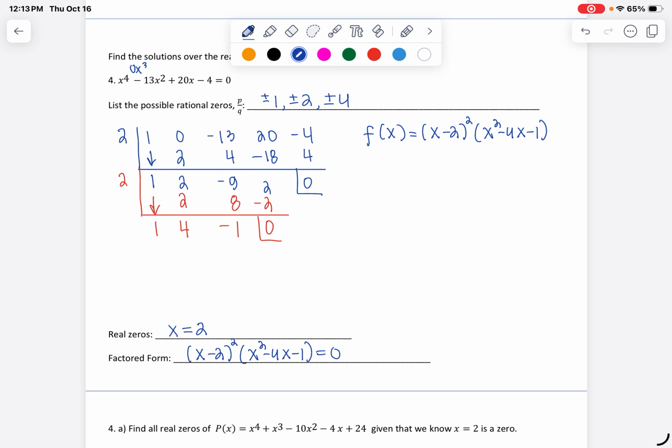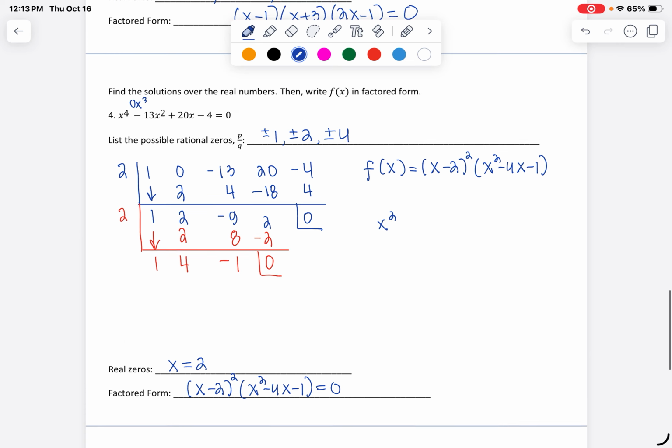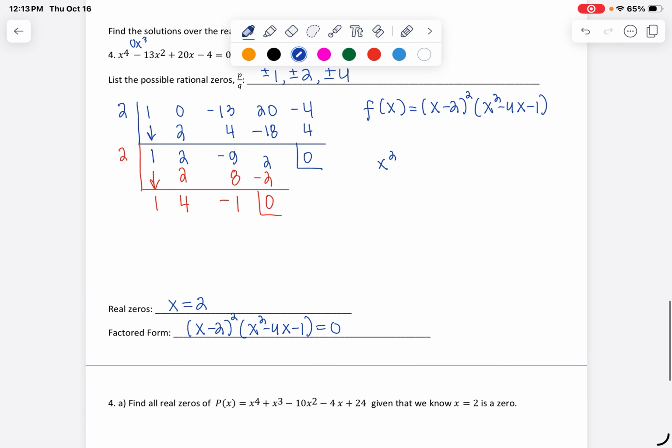And I'm going to find my other 2 zeros by completing the square because I don't know right now if they are real or imaginary. So x squared, it says find the solutions over the real numbers. Okay. Minus 4x, add 1 to both sides, so equals 1. Half of b is negative 2, squared is 4, so I'm going to add 4 to both sides. They are real solutions.